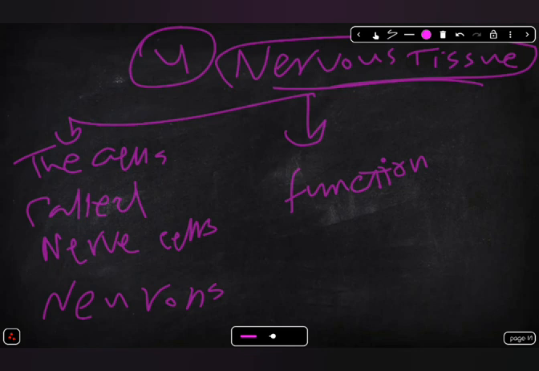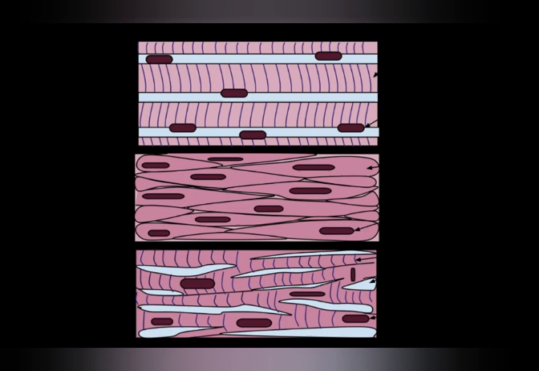This tissue is the muscular tissue. The first picture showing to me the skeletal muscle. The skeletal muscles, striated and voluntary. Number 2, the smooth muscles, unstriated and involuntary.